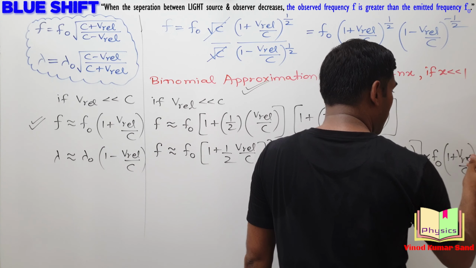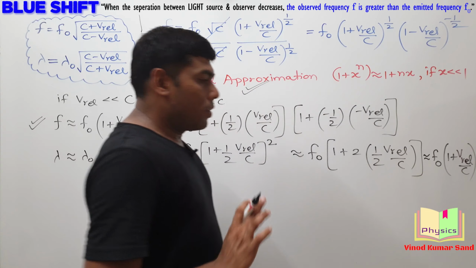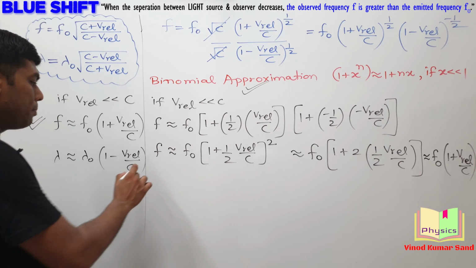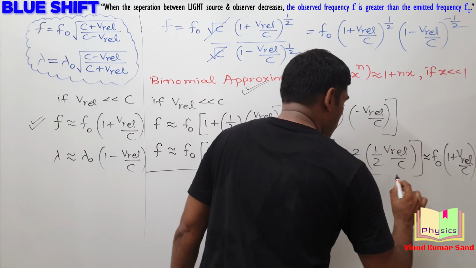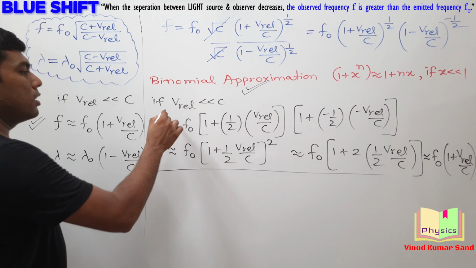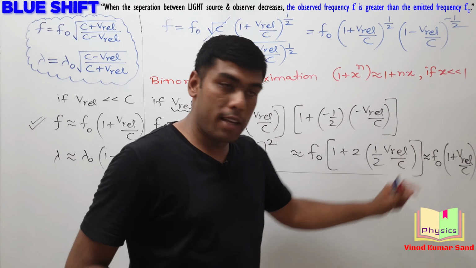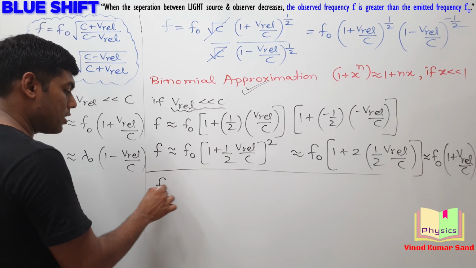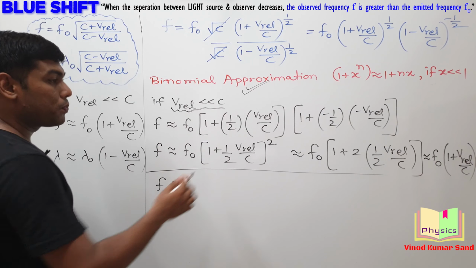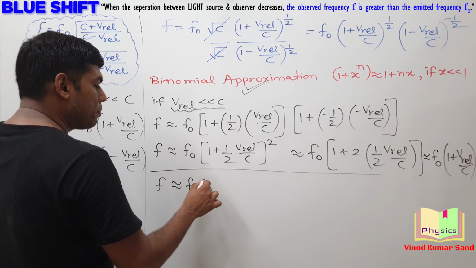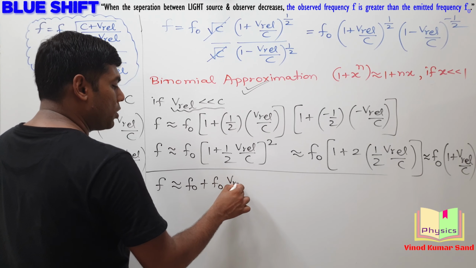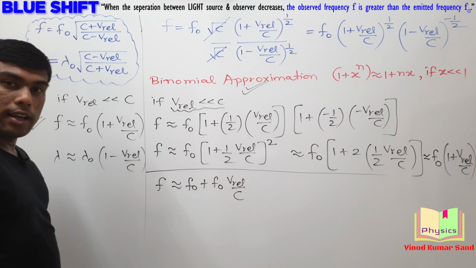speed of light. Okay. Another important derivation. If this condition is satisfied, I can simplify things here again. f is almost equal to f naught plus f naught v relative by c. Do you agree?